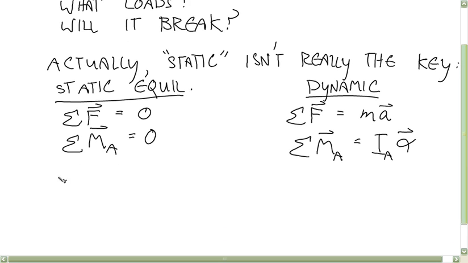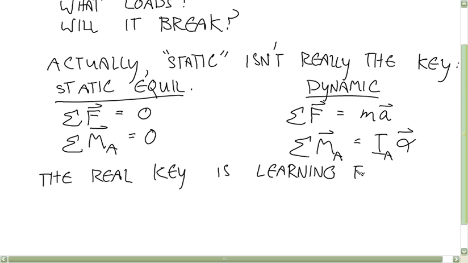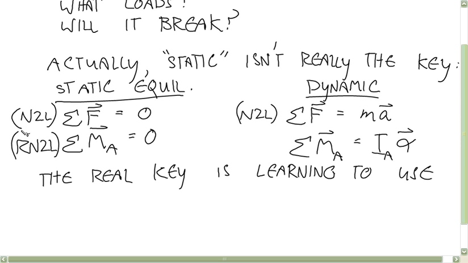The real key is learning to use, and I'm going to use this abbreviation all through this semester, I'll call this Newton's second law, and I'll call this one the rotational version of Newton's second law, Rn2L.